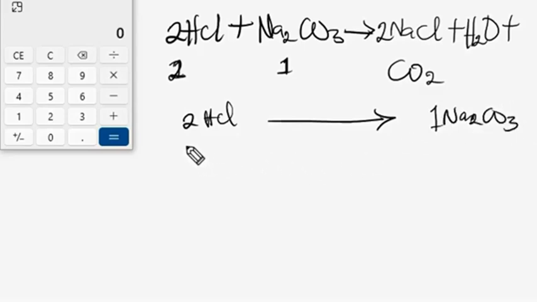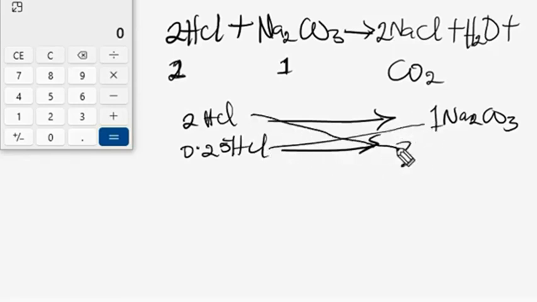Therefore, from the question, they said we have 0.25 moles of HCl, and what would that require? In order for us to get this, we simply cross multiply. So multiply this to this and divide by this.